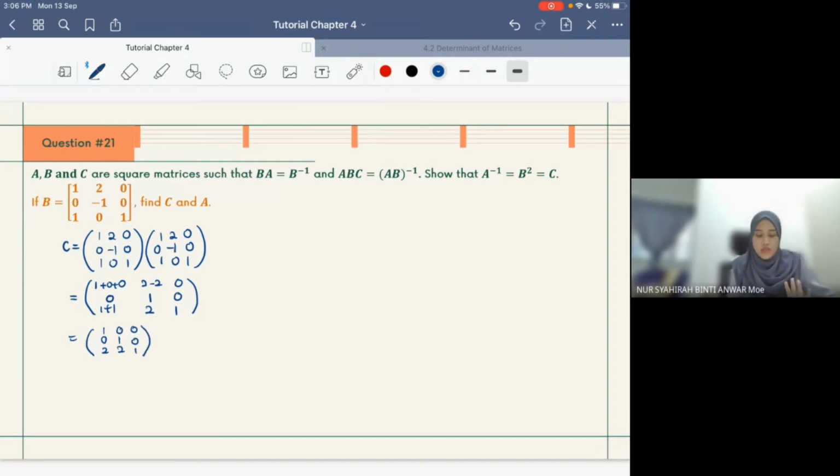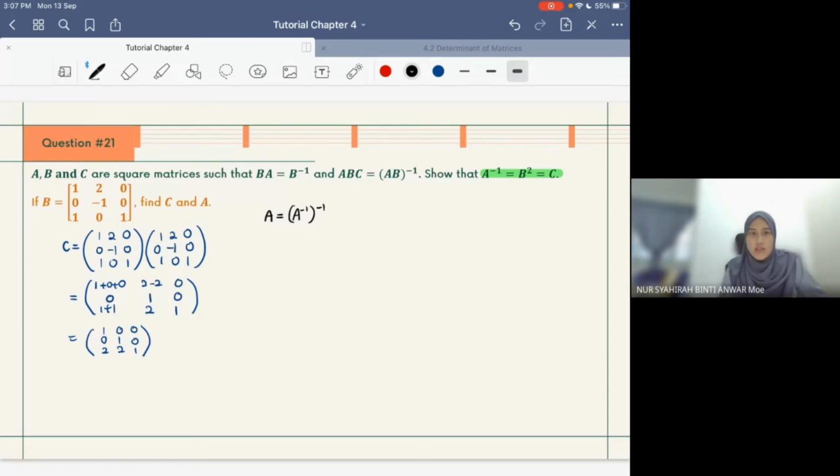Settled. Now we want to find matrix A. Okay, since we know that here, B square equals C, and it asks to find A, not A inverse. So we know C is actually equal to A inverse. And using the properties of inverse matrix, A can be obtained by inversing the inverse matrix.